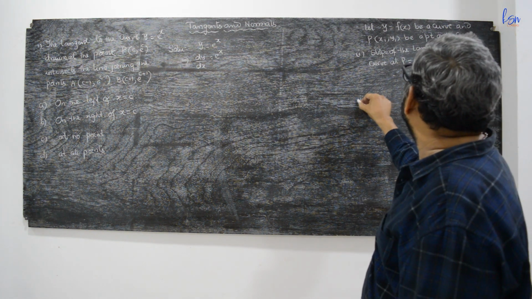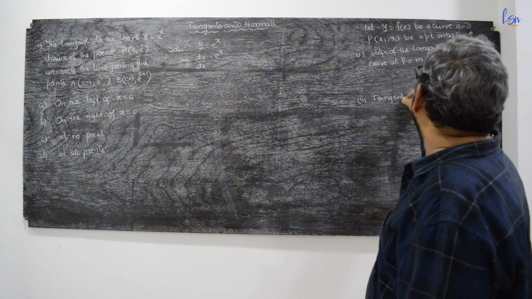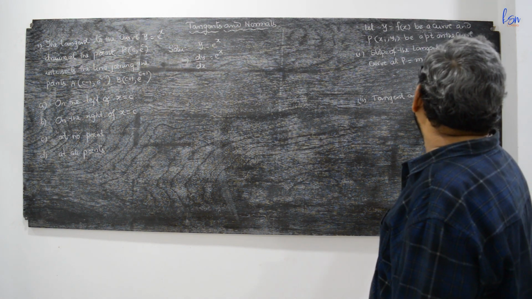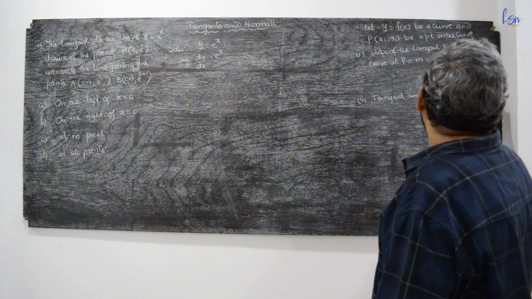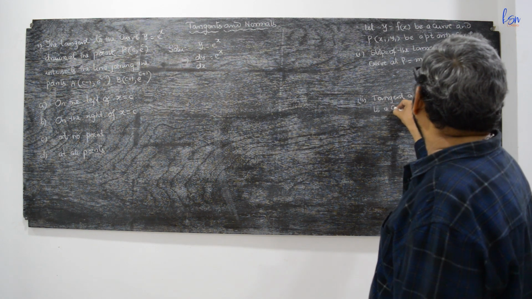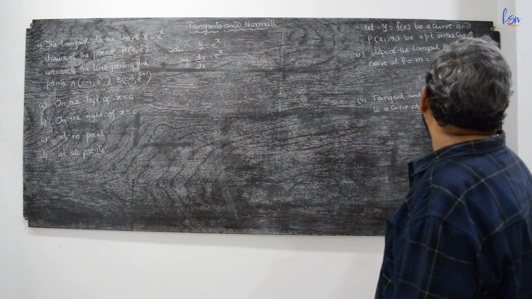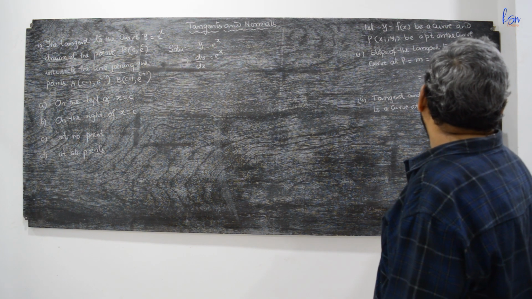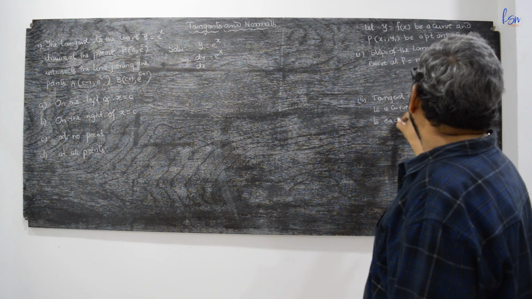Number 2, the tangent and normal drawn to a curve at a point are perpendicular to each other.